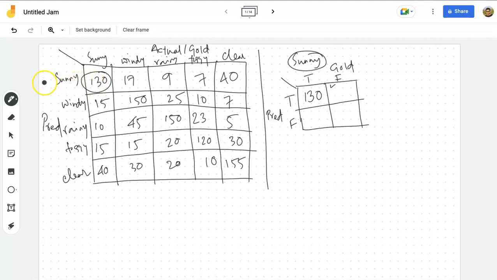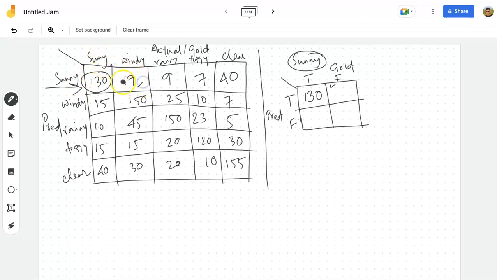If you check this row, what does it indicate in the actual table? This table shows the number of times your model predicted sunny given all the real values, the gold labels. The first cell says your model predicted sunny, and the gold label is also sunny.